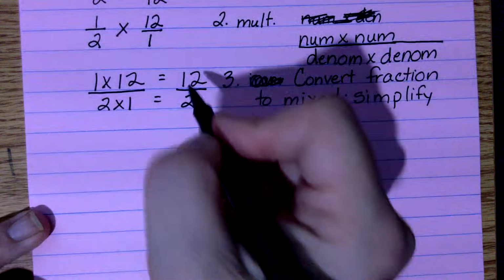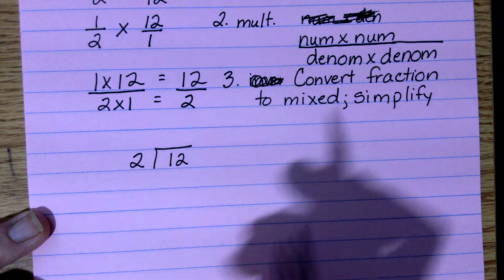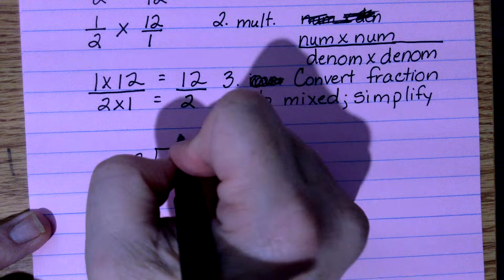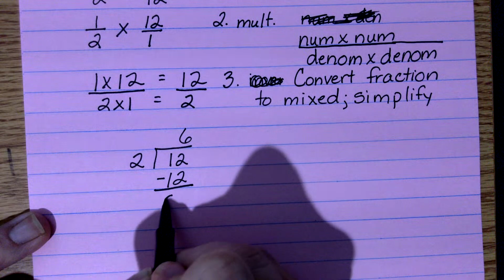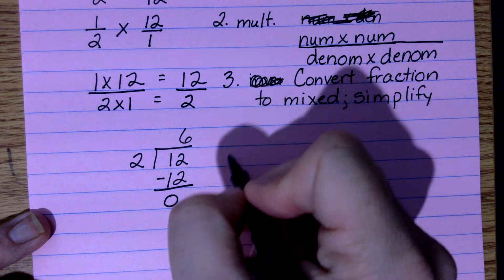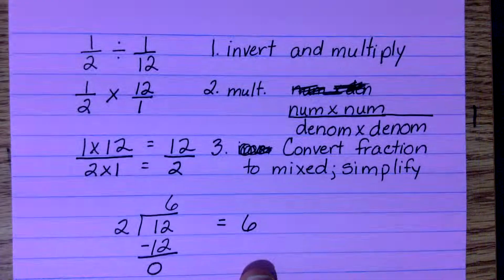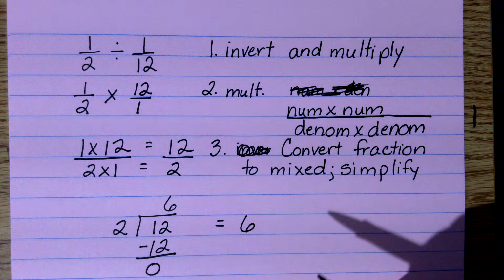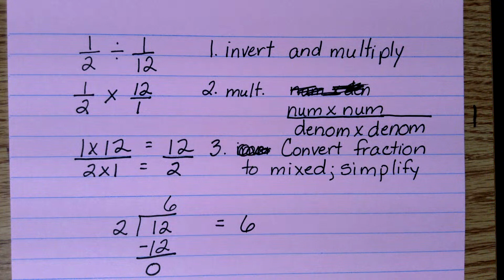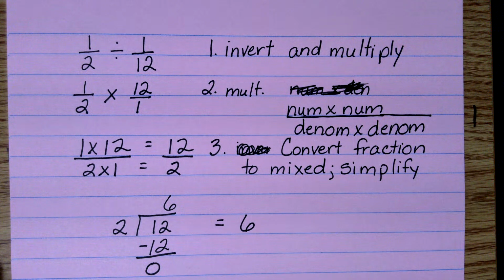So we're going to take 12 halves and we're going to do some division. 12 divided by 2. 2 can go into 12 6 times. 6 times 2 is 12. We have 0 left over. So our simplified answer is 6. So there are 3 easy steps to dividing fractions. Invert and multiply. Multiply the numerator by the numerator and the denominator times the denominator. Convert your fraction to a mixed number, and simplify if you can.